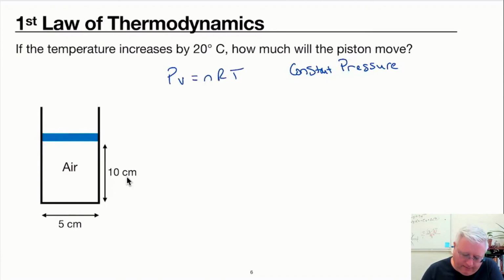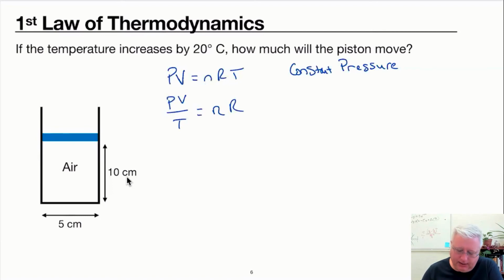We're not changing the amount of air, okay? So then PV over T equals NR is constant. So we're not changing the amount of air, the amount of molecules, so that's constant.